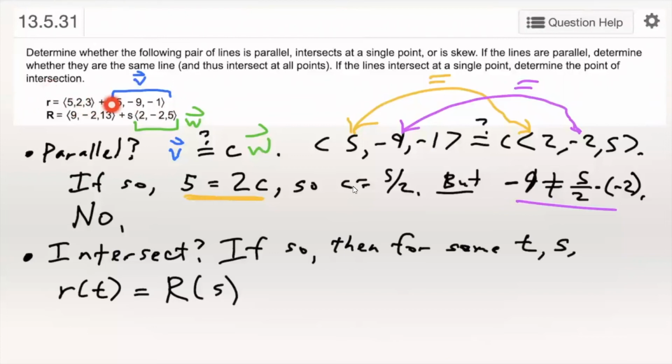Different t's give different points on this line, and every point on the line corresponds to some t. So if they intersect, then there must be some point on that line, some t, that gives a point on the line equal to a point on this line corresponding to some s.